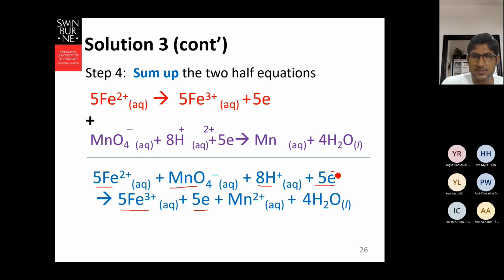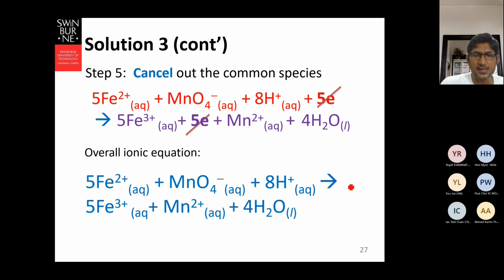If you want to be more sure, you can put one negative charge, no problem. Or if you don't, it's okay as well. And then manganese and water, right? And at the end, just remove the electrons so that it will be the total overall ionic equation. This is the overall balanced ionic equation. Everything is balanced if you look at it.